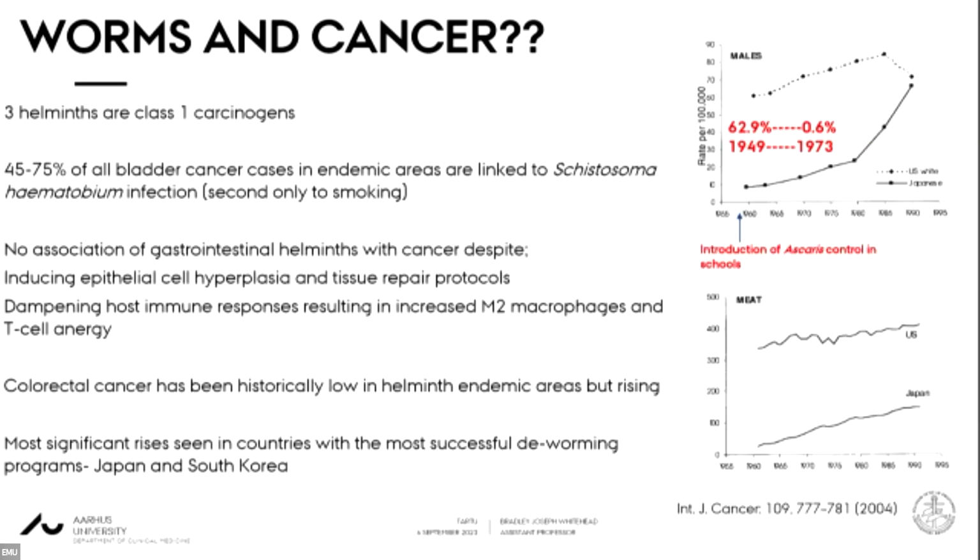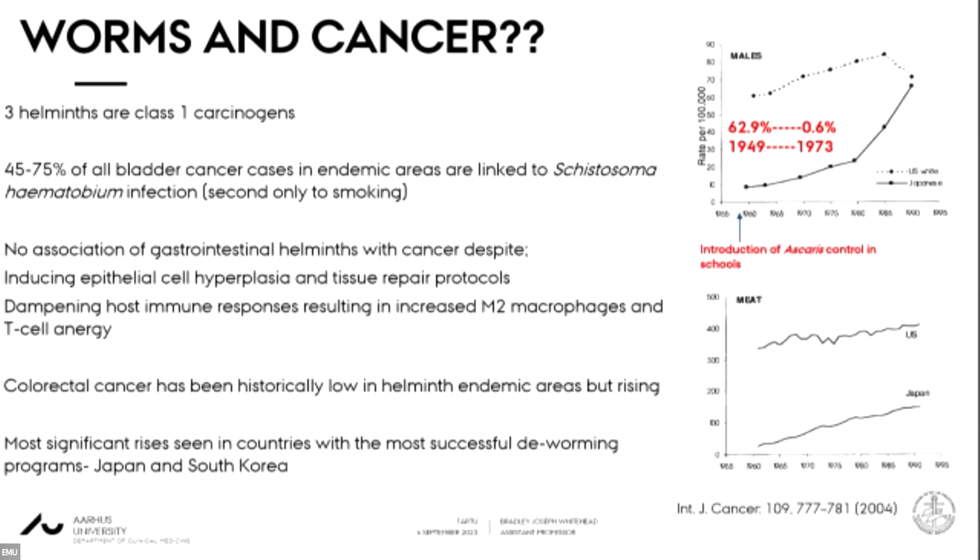And again, it's just an association, but colorectal cancer has been historically low in helminth endemic areas, but it is rising. And these most significant rises, if we look at Japan, where they've introduced Ascaris control, we see a huge increase in the rates of colon cancer.